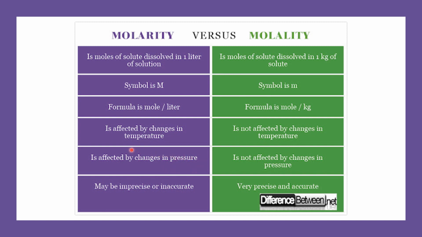In terms of the effect of pressure, molarity is affected by pressure, and molality is not affected by pressure. In terms of accuracy and precision, molarity can be imprecise or inaccurate, while molality is considered to be very precise and accurate.